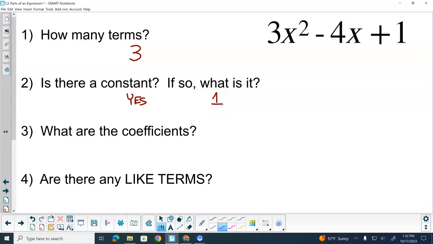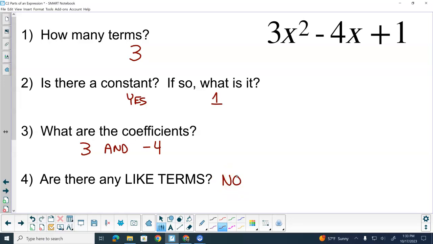Coefficient of the first term? 3. Coefficient of the second term? -4. Okay. Are there any like terms? Nope, there's not, because there's 2 terms that have the same variable, but they have different exponents. So there's no like term.